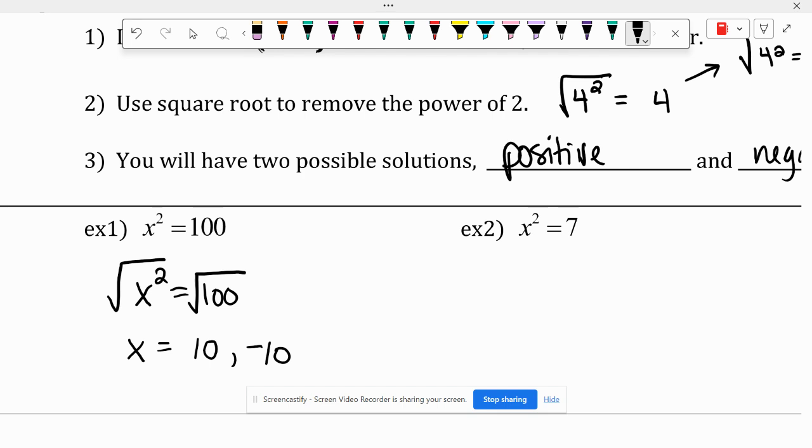Okay. Let's look at example 2. X squared equals 7. Do I have x squared all by itself? Okay. So in order to get rid of that x squared, I have to cancel it out with the square root. Whatever I do on one side, I have to do on the other. So x equals the positive square root of 7 or negative square root of 7.